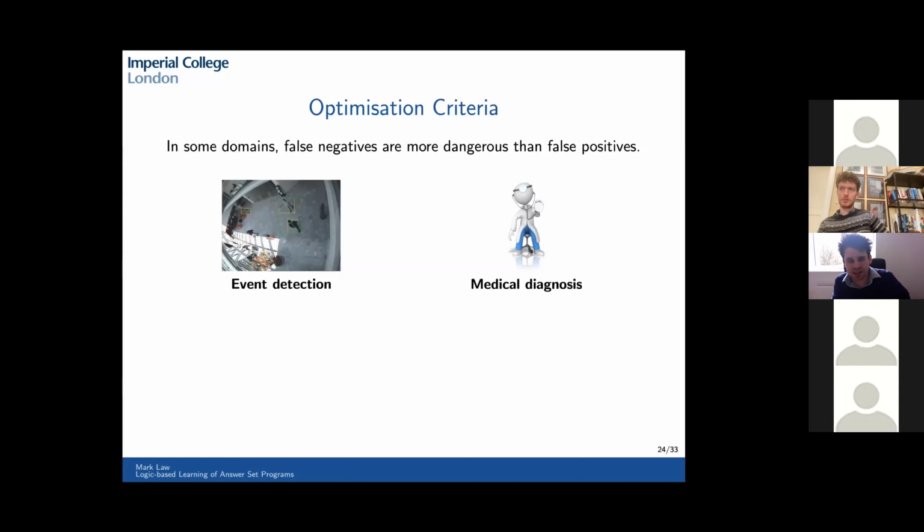So just to give an example to motivate this, in some domains, false negatives are far more dangerous than false positives. So in event detection, it's usually more dangerous to miss an event that did occur than to erroneously flag an event that did not occur, because you can correct for the latter later on. Similarly, in medical diagnosis, and it depends on the disease, but usually it's more dangerous to misdiagnose somebody as not having a disease that they do have because you fail to treat them.